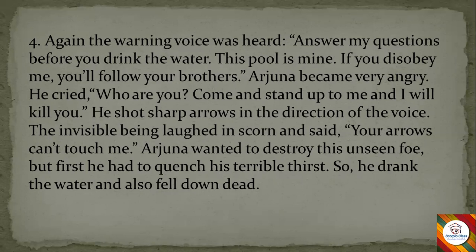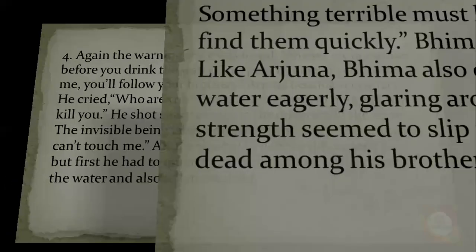You want to destroy me, but you will not be able to destroy me or even harm me. Arjuna was very angry and wanted to kill that enemy. But he thought, let me first drink some water and quench my thirst, and then I will deal with this enemy. So he drank water and he too fell down as if dead.